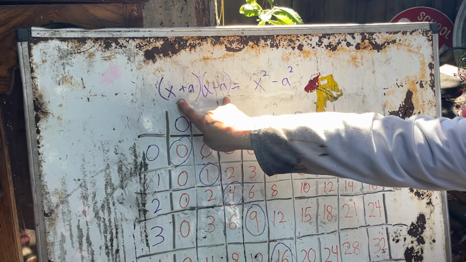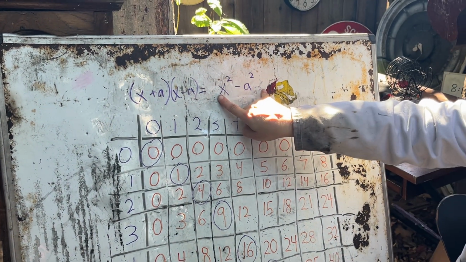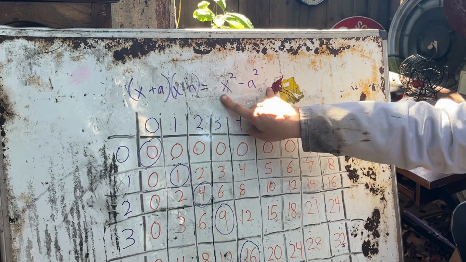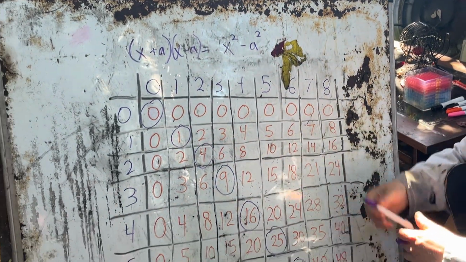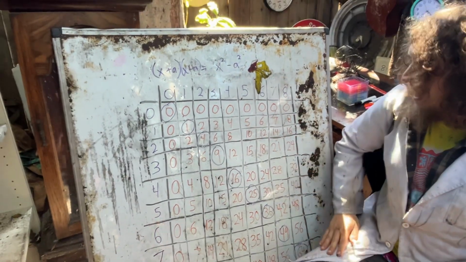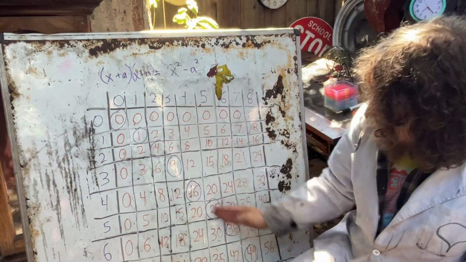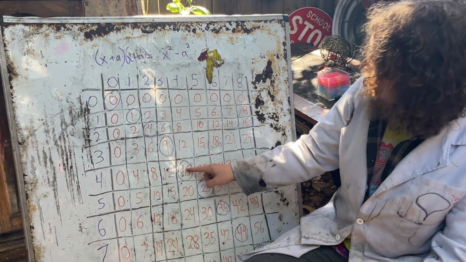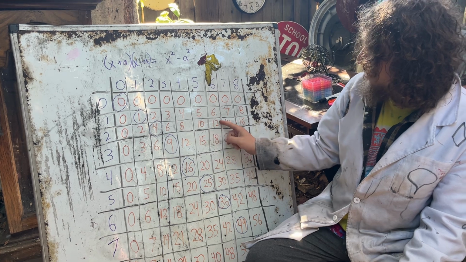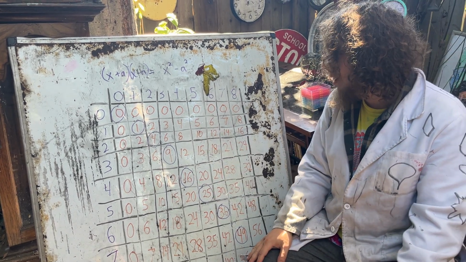And we know that this always equals x squared minus a squared. Depending how we view this, we could either see that as, you take a number on the diagonal and compare it to a diagonal away, and the difference is a square number.